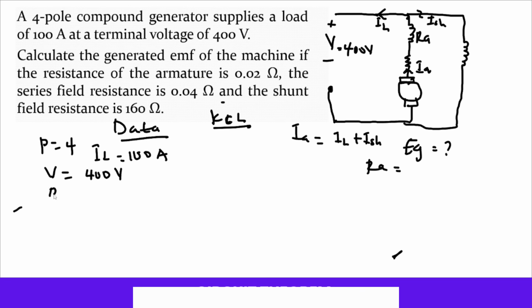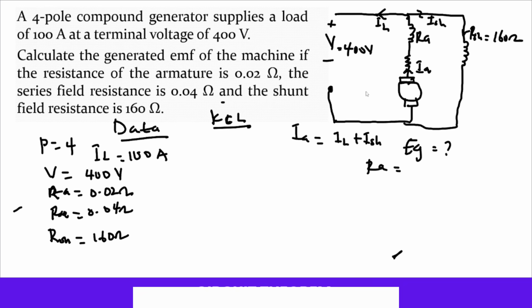So the armature resistance RA is given as 0.02 ohms. Let me add it to the data here. The series field resistance, R series, is given as 0.04 ohms. And the shunt field resistance, R shunt, is equal to 160 ohms.